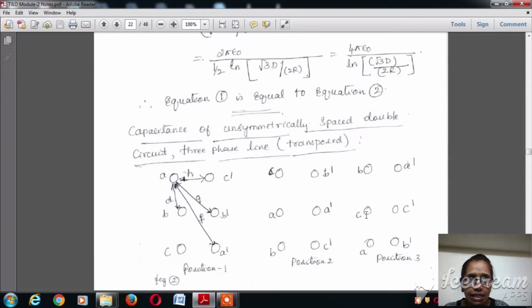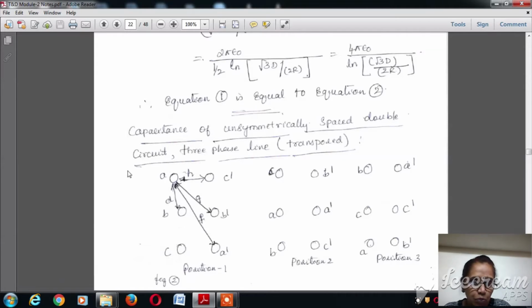So 3-phase lines, here we are going to represent as transposed transmission lines. Now if we see here, A, B and then C, A, B, C. Now here A dash, B dash, C dash. Considering the conductors A dash, B, B dash, C, C dash.